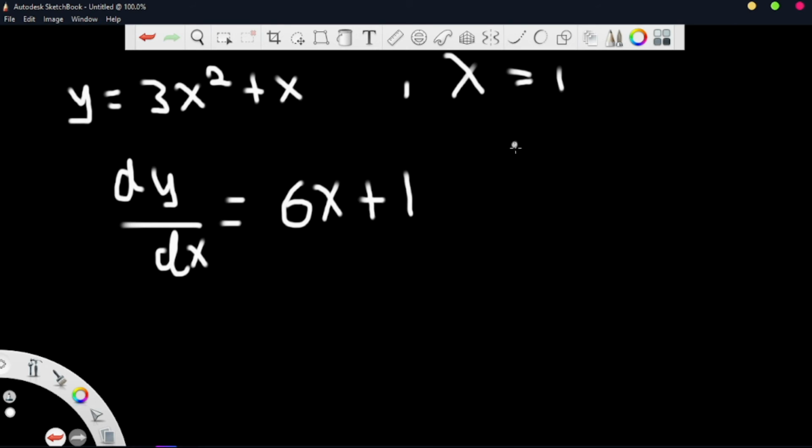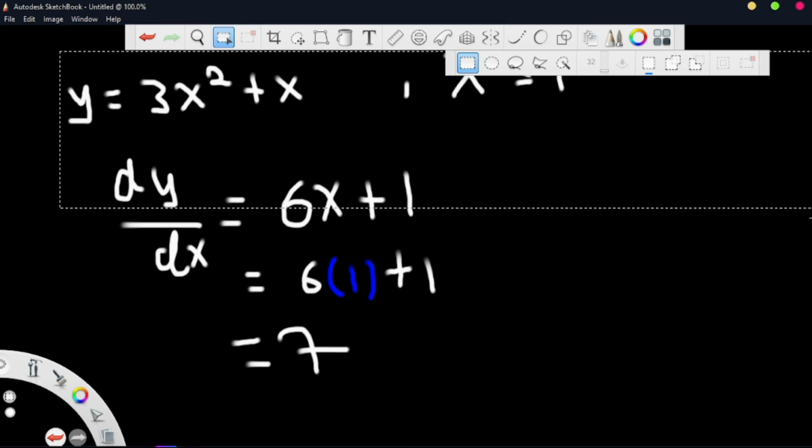And then I know that my value of x is 1, so I'm simply going to replace x here with a 1, and then that will be plus 1. So then this is 7. So 7 is my slope when my x is 1.